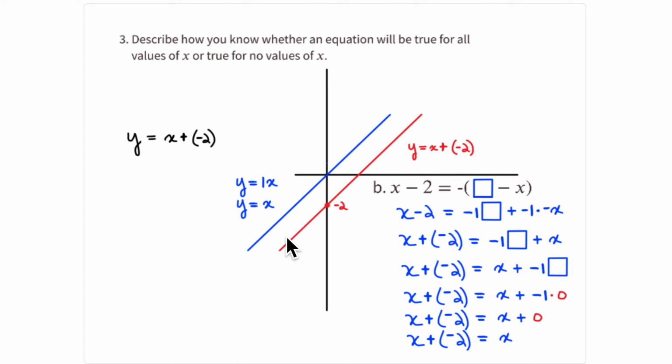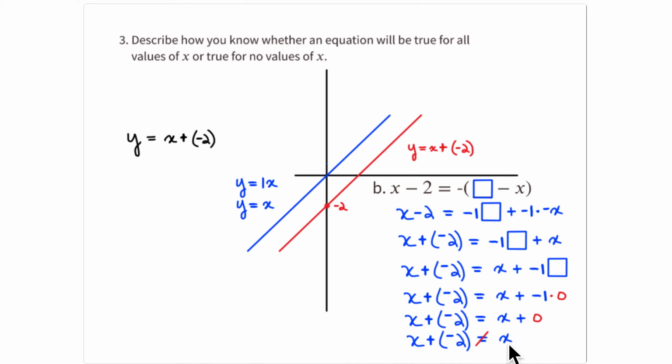So these two lines never intersect. So there's no value of x that will make these two expressions equal to each other at the same time. So it's true for no values of x.